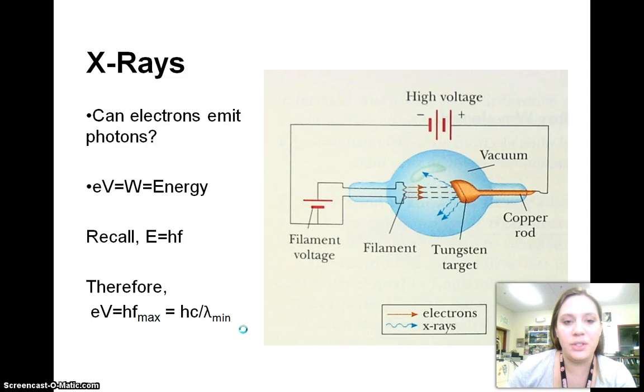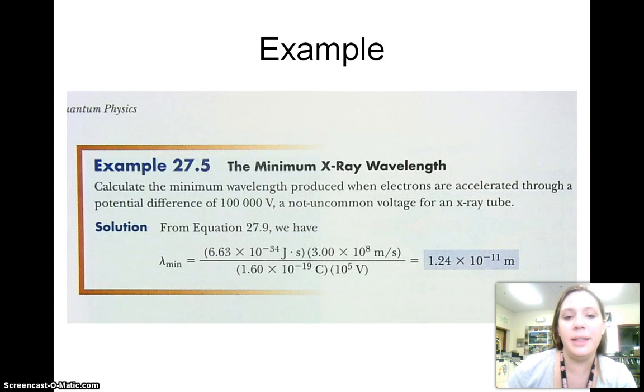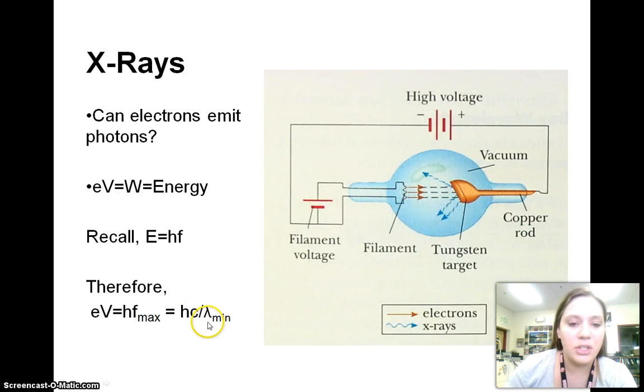Okay, so let's look at an example. It says calculate the minimum wavelength produced when electrons are accelerated through a potential difference of 100,000 volts, which is typically what an X-ray is. Here we have solved for the wavelength. If we look back up at the equation, all we've done is multiply by the wavelength and then divide by eV. So you get hc over eV equals the wavelength.